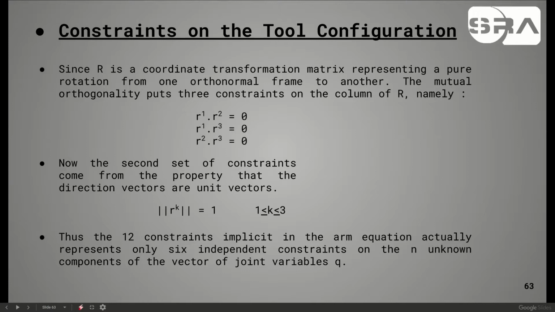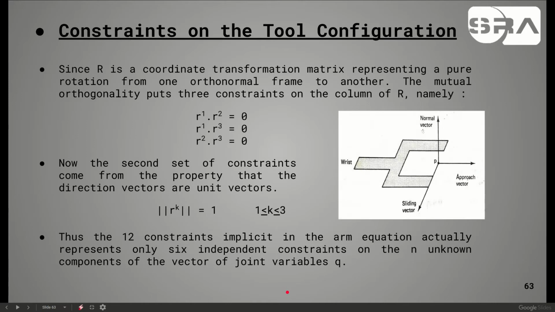Or you can even say if you were solving for the rotational part as well, then you have 6 unknowns. But in case of inverse kinematics, you do not know how many joint angles there are going to be. You only have x, y, z, the position vector of the end effector. So that is the reason we have n unknown components of the vector of joint variables q.